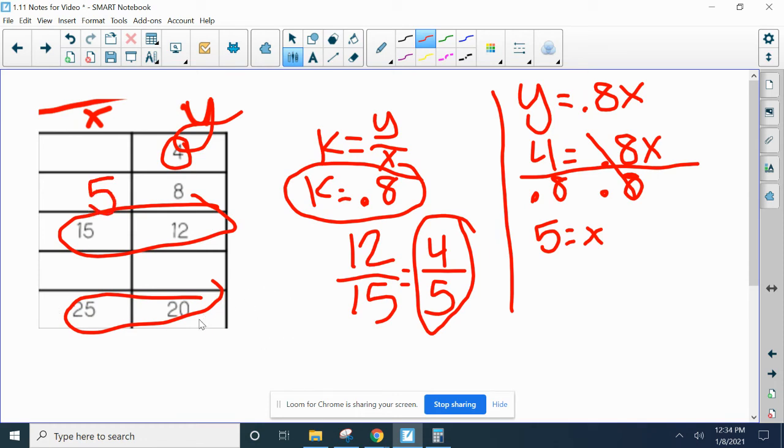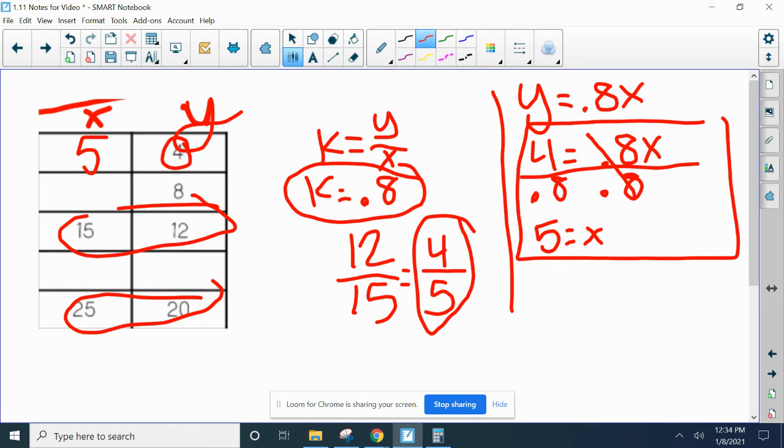All right. 5, 15. Oh, that's why. It's like I did it in the wrong spot. Whoopsies. We did that for 4. So 5. Let's go ahead and try it for 8. So 8 is our y value. So y equals 0.8 times x.